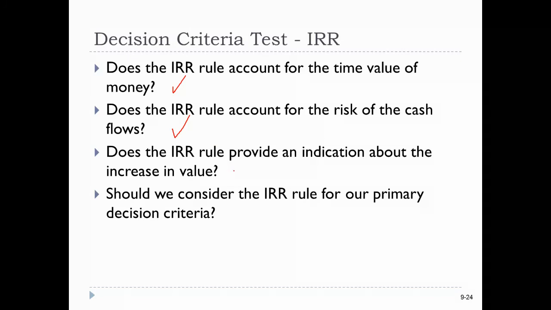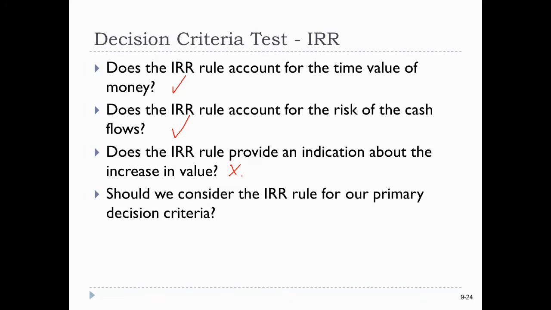Does the IRR rule provide an indication about the increase in value? Not really. It tells us the rate of return that a project generates. How much extra value do we receive per dollar invested per year of the project? That's the rate of return per dollar, but it doesn't tell us how many dollars are being created.